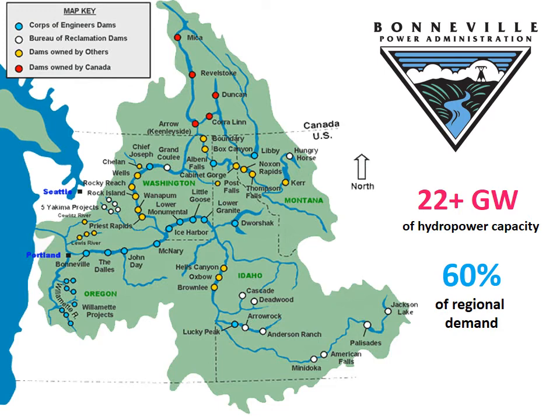And all these dots are dams. Blue ones are owned and operated by the Corps of Engineers. White ones are operated by the Bureau of Rec. Collectively, this is about 23 gigawatts of hydropower capacity, which is equivalent to all the capacity owned by Duke Energy Carolinas, and it provides about 60% of regional electricity demand.